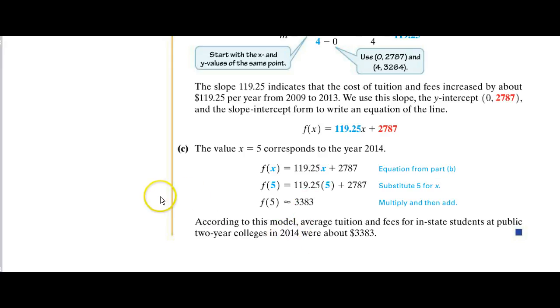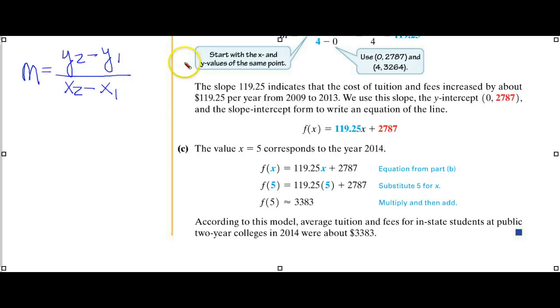Now let me give you the slope formula, and this was covered again in a part that we hadn't done, so you would need to have this. This is the slope when you have two coordinates, two sets of coordinates, and you designate one set as the sub 2's and one set as the sub 1's, and you just substitute it in there, which is what they were showing you above.